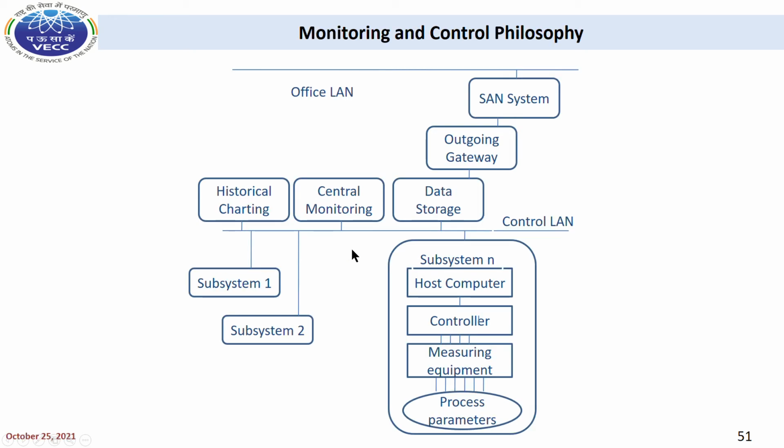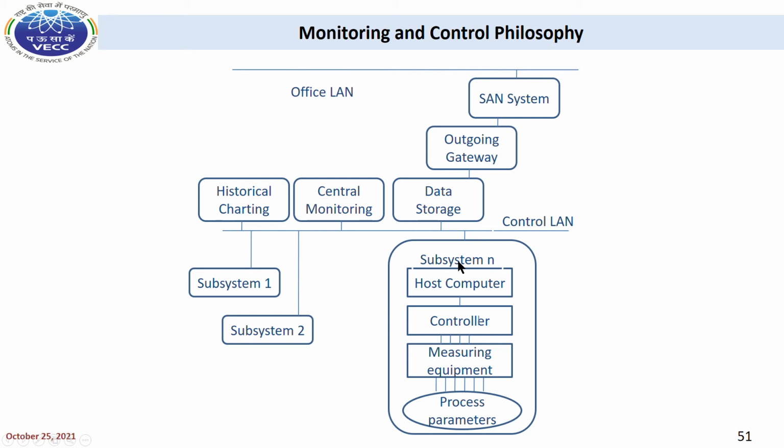So our monitoring and control philosophy is like that. We have adopted a single layer architecture for the control LAN. Host computers for each subsystem are connected to the control LAN. Here one computer is dedicated to one control subsystem.